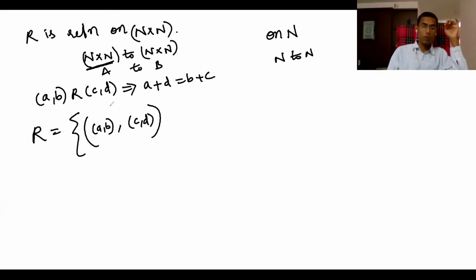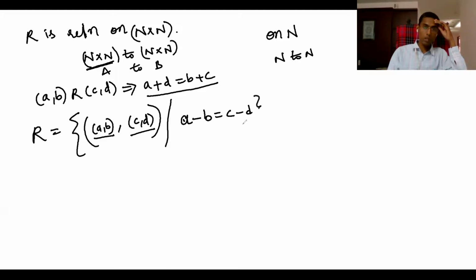When this ordered pair is related to the ordered pair in the second set, I can write the relation simply as A minus B equal to C minus D. I converted B and brought D. So (A, B) is here, (C, D) is here, and this is the relation.